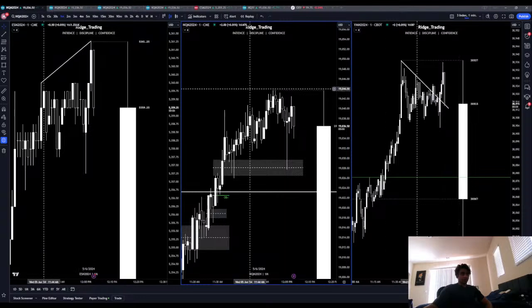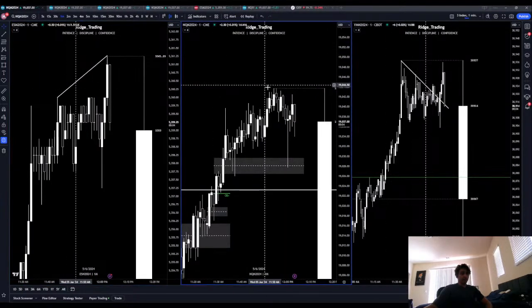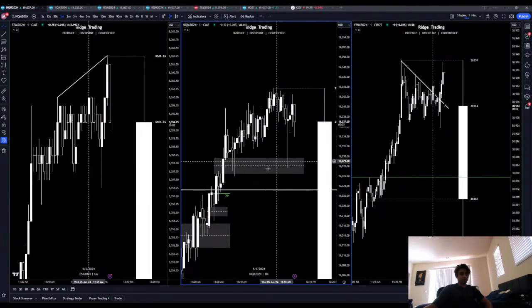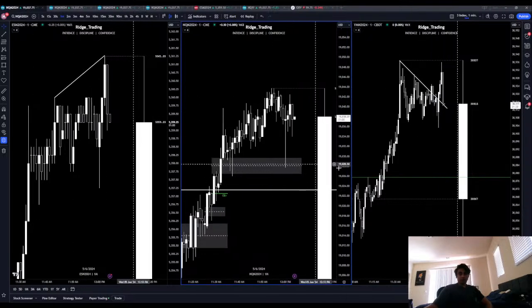But of course, this SMT is not valid for anything unless we get some sort of bearish order flow to go along with it, which we have not seen yet.